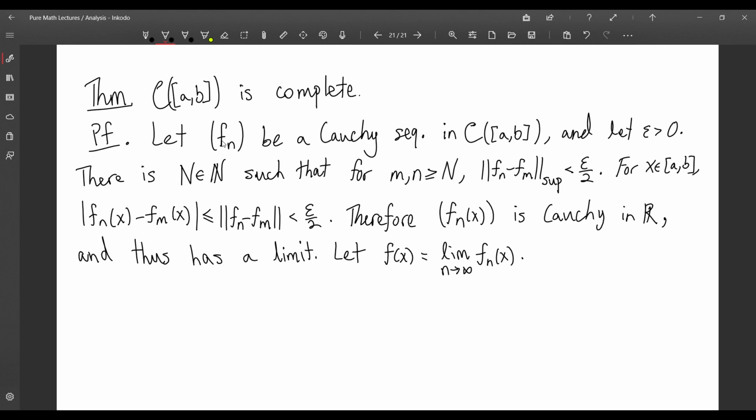Now we have to show that this function is continuous and that our sequence converges to it.